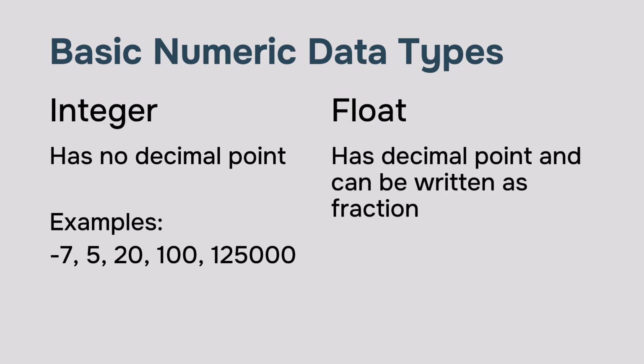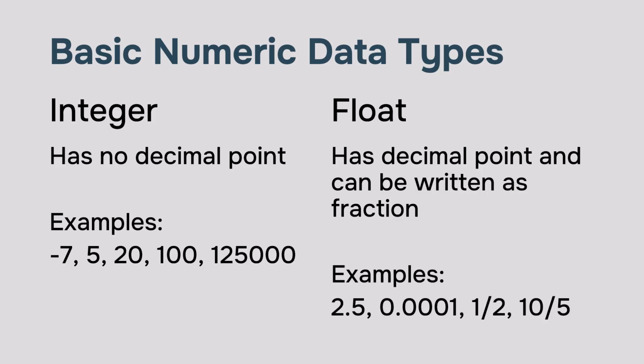Floats, on the other hand, have a decimal point and can be written as a fraction. You can see some examples here: 2.5, 0.0001, 1/2, and 10/5. Note that Python handles these fractions as numbers with decimal points. So if you enter 1/2 into Python, it will be handled as 0.5.